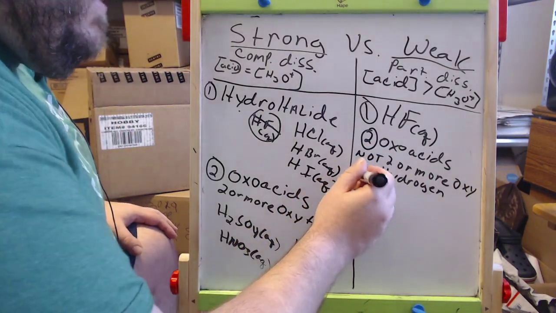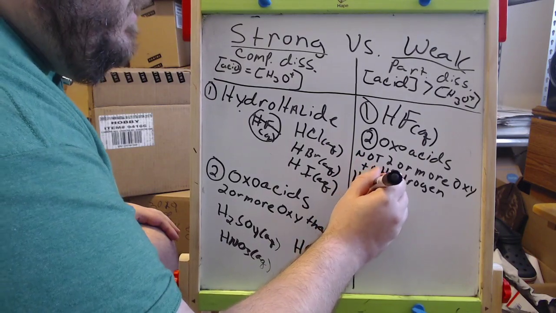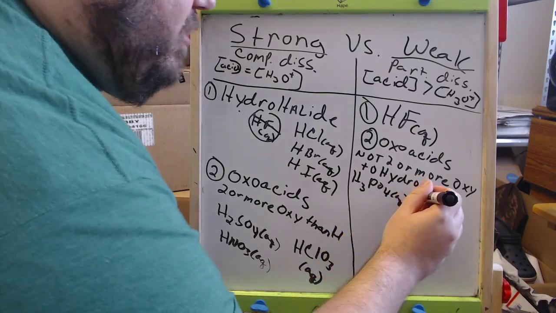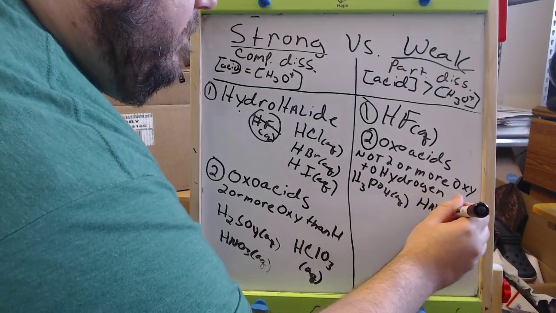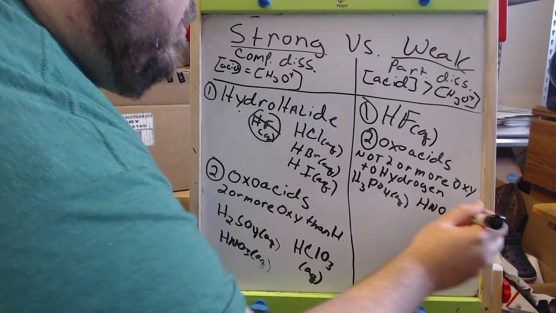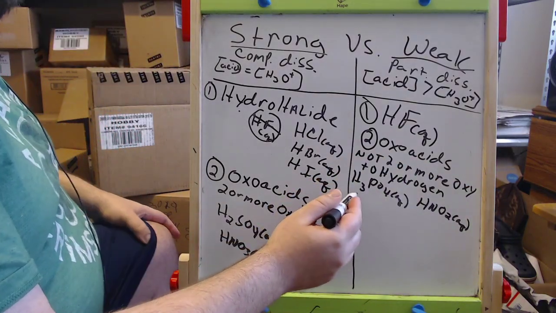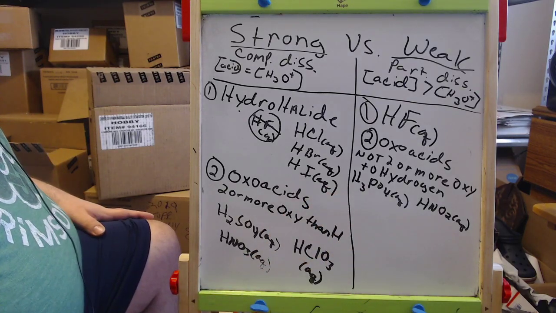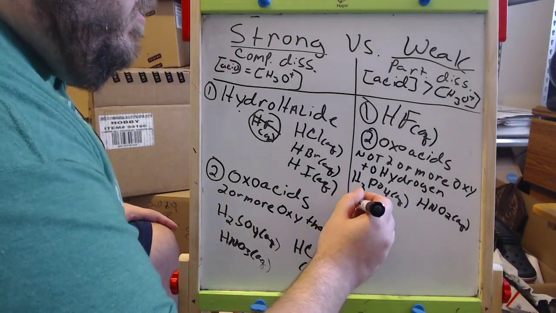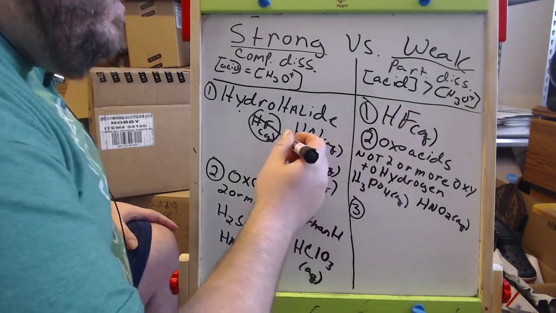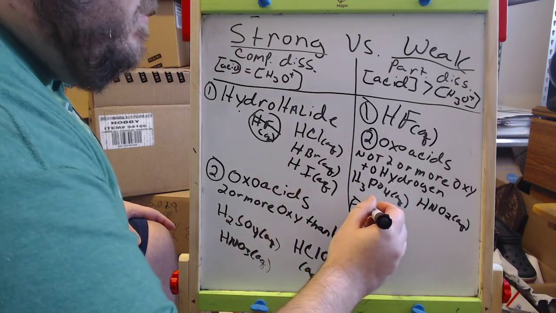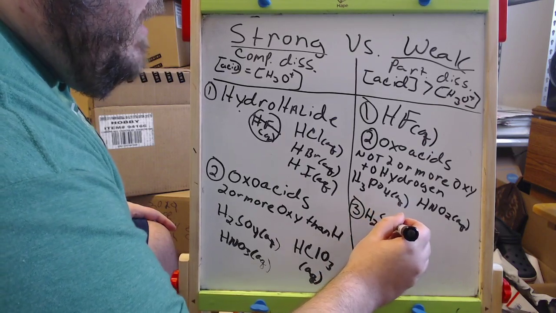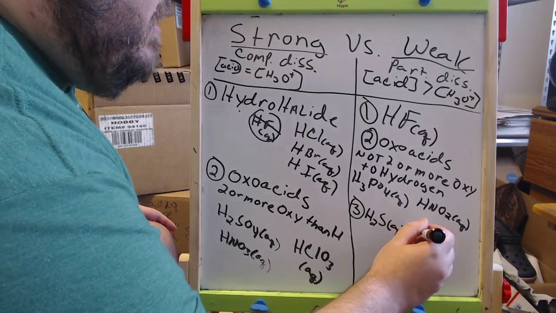So examples of that: H3PO4, HNO2, where the number of oxygen is not 2 or more than the number of hydrogen. 4 minus 3 is 1, 2 minus 1 is 1. Our third: what if I'm not a halide and I'm not an oxoacid? So I don't follow either one of the strong acid rules, like H2S or HCN.